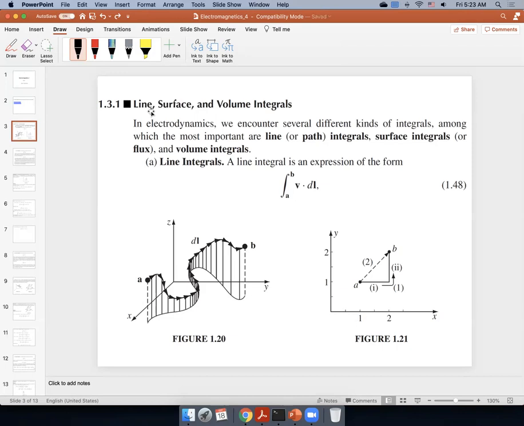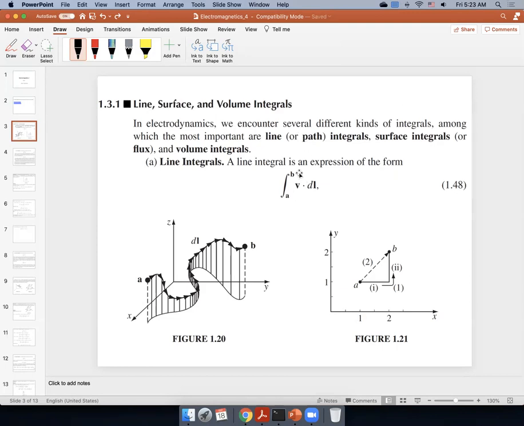In this course, we will have different kinds of integrals, which are line or path integrals, surface integrals, and volume integrals. So here, let's start from the basic integral, which is line integrals.